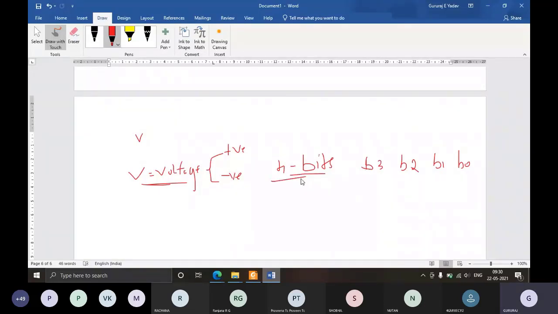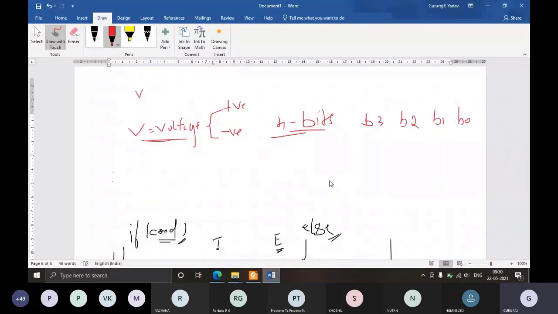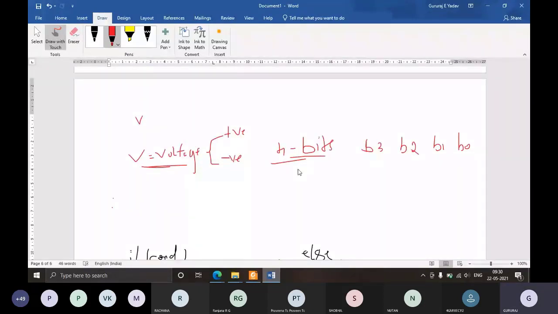So we should be able to represent both negative as well as positive values. How to do that? In that case, the MSB bit is reserved for indicating the sign.